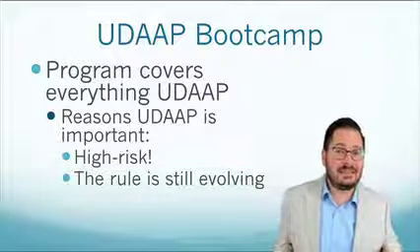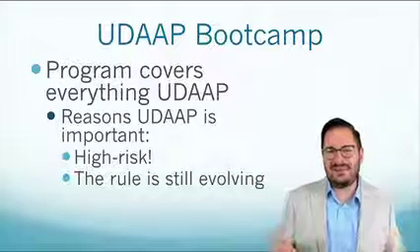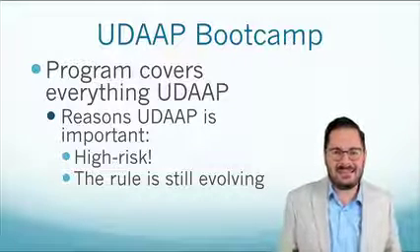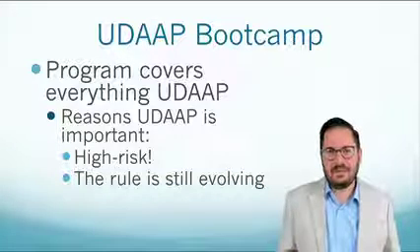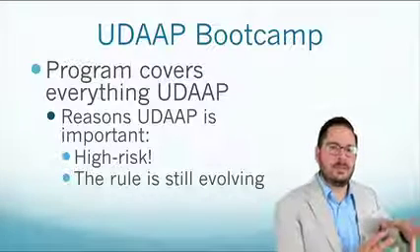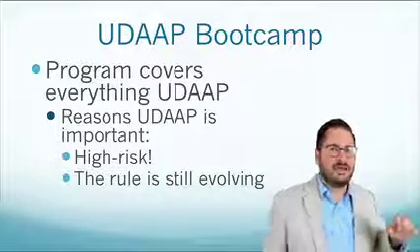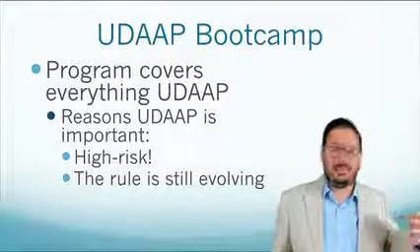Now, the second reason that UDAP is high risk is it's very difficult to identify those specific acts or practices that elevate your risk of a UDAP violation. What the guidance does is it does a really good job of helping us determine whether an already identified act or practice is in fact a UDAP violation.